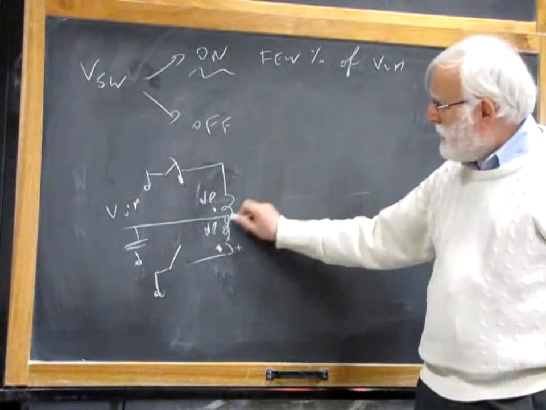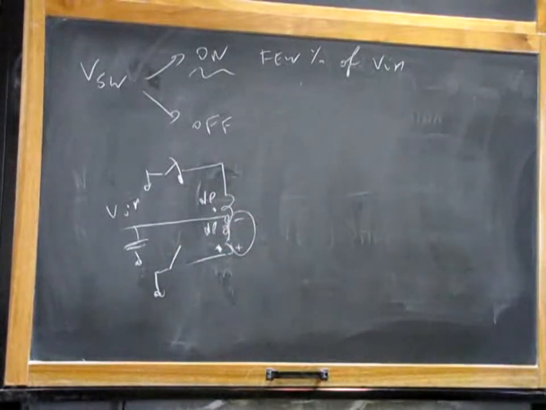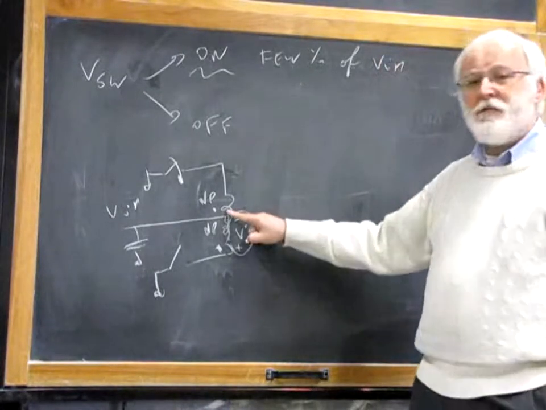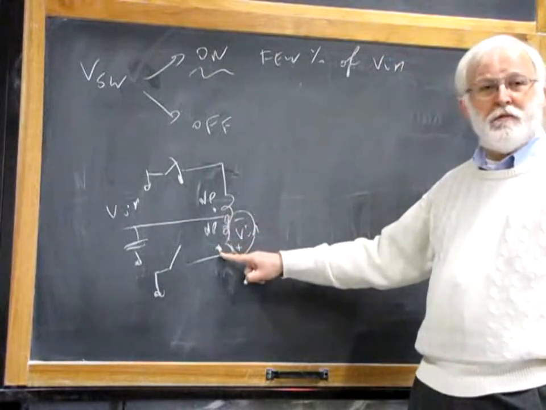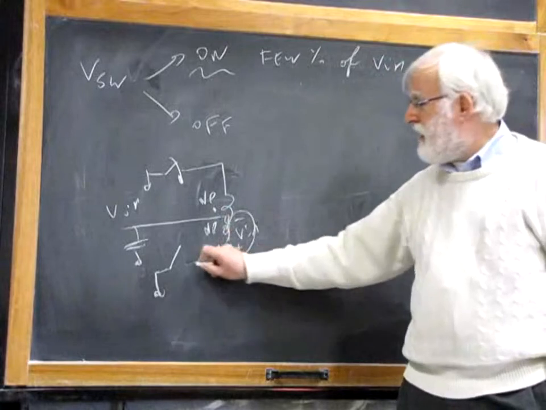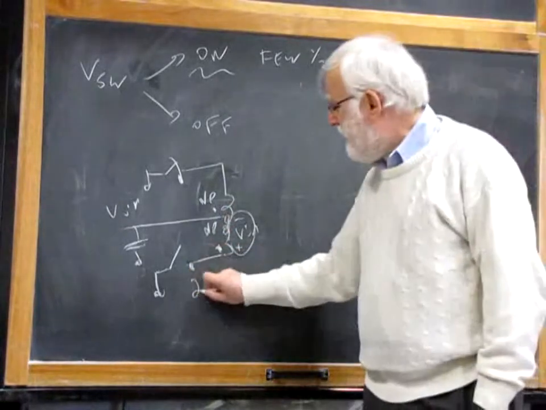How large is this voltage on the unused primary winding? V in, because the two windings have the same turns. So I will have here V in, and this V in is connected in series to V in, because it starts from V in. So the voltage over here will be twice V in.